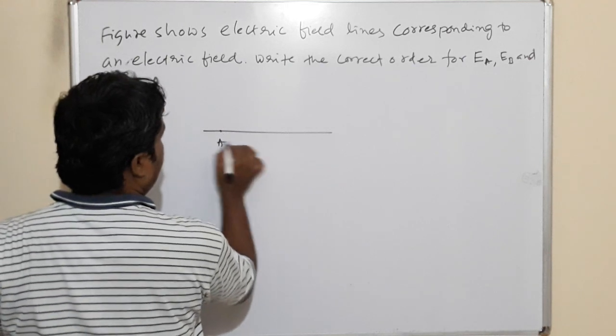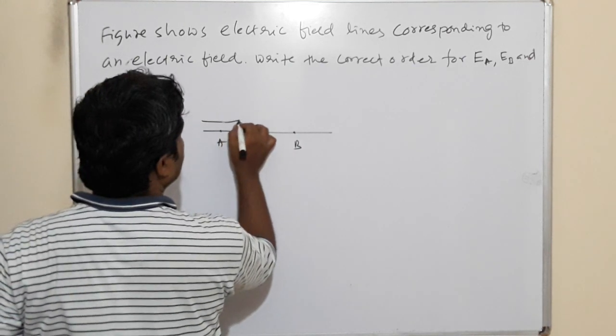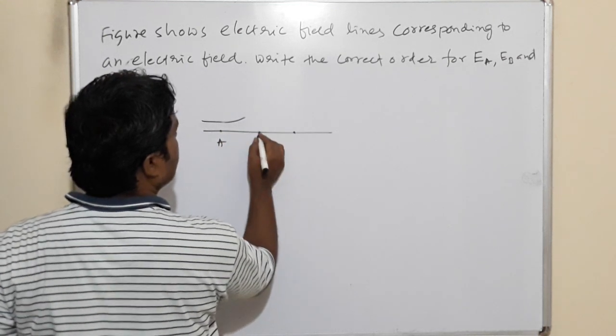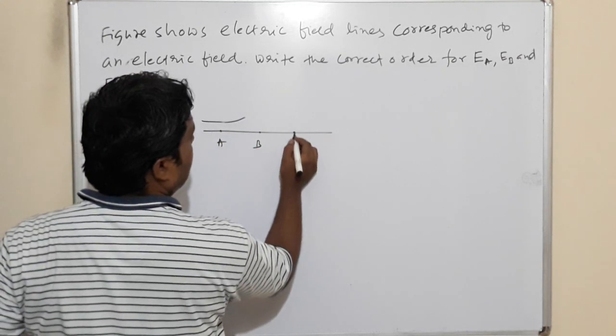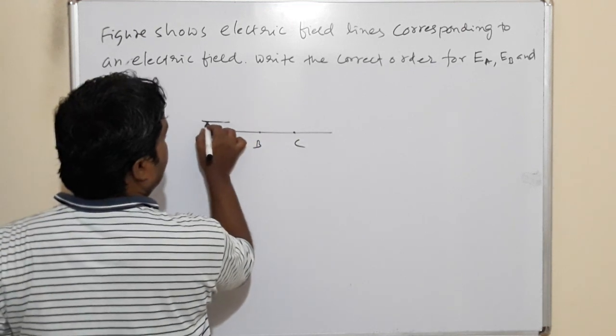See, the representation is like this. This point is A, this point is B, this point is C. Lines are represented like this.